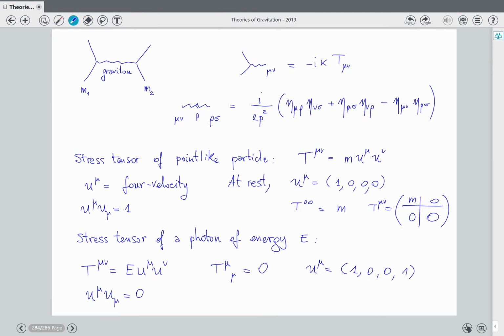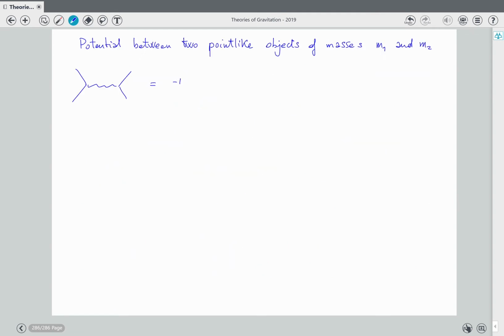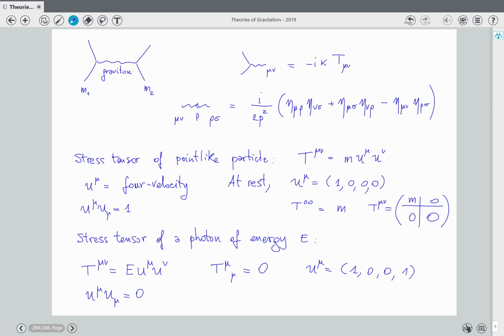First vertex is minus i kappa stress tensor of the first object, let's say M1. Then you have the propagator, which is written here.